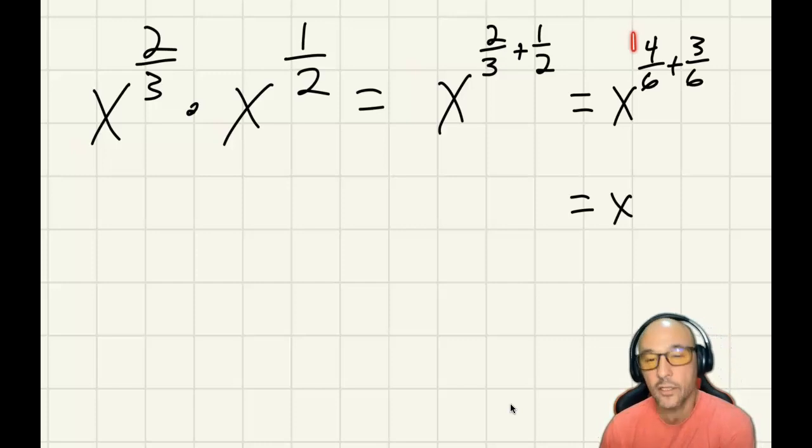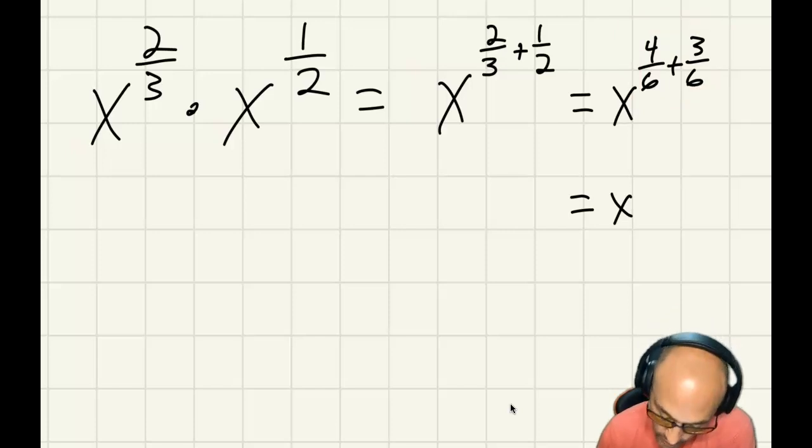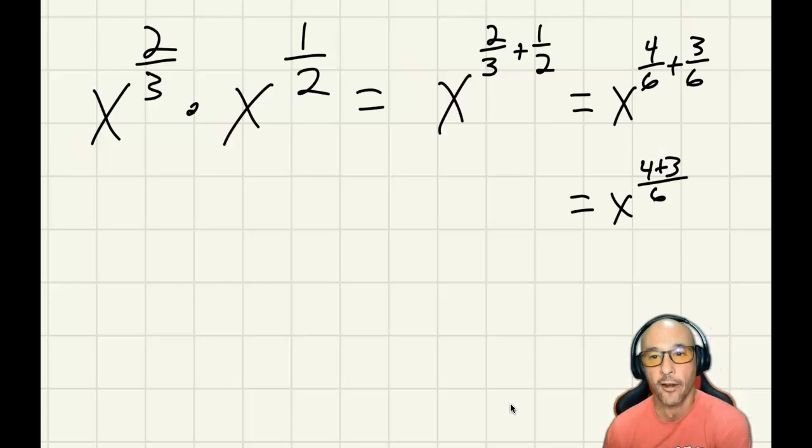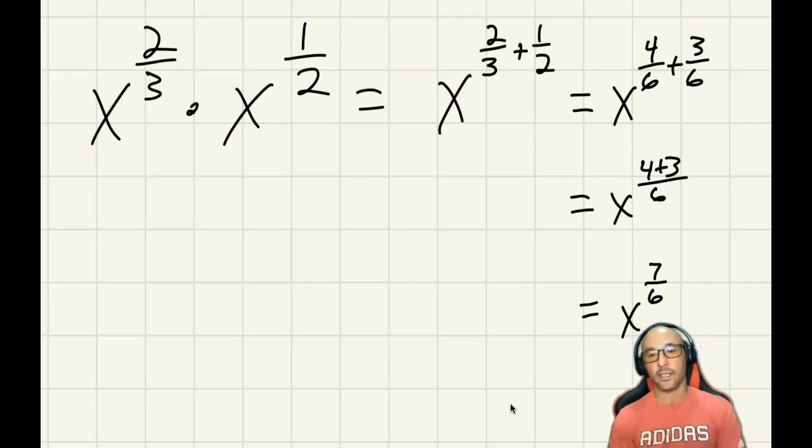But now that we have these two fractions in the exponent that have the same denominator, we can just add the numerators. So it'll look like this, 4 plus 3, and they share the denominator now, 6, which is x to the power 7 over 6. And that is our answer for that problem.